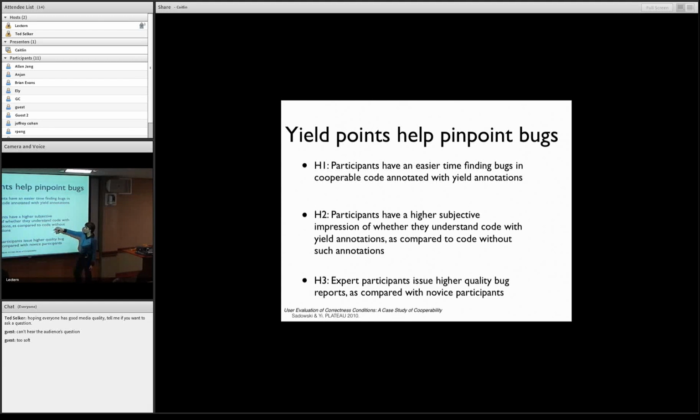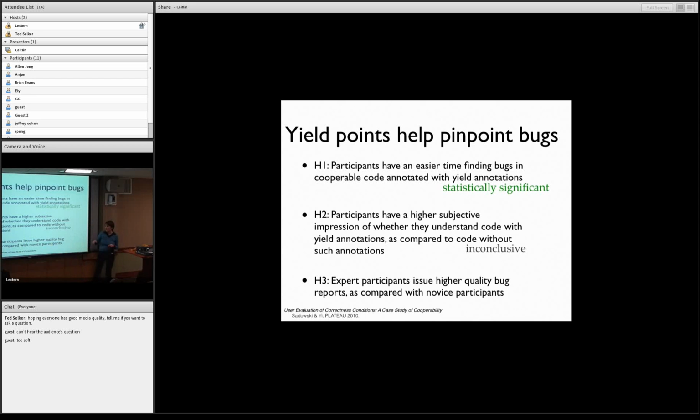The second was that maybe participants would have a higher subjective impression of code with yield annotations. Maybe they would think they could understand the code better. And the third was, if you're an expert, if you say that you've had many years programming with multi-threading and you would rate yourself as an expert, then maybe you would have an easier time finding bugs. The results were that there was a statistically significant difference: participants had an easier time finding bugs in code that was annotated correctly with yield annotations.